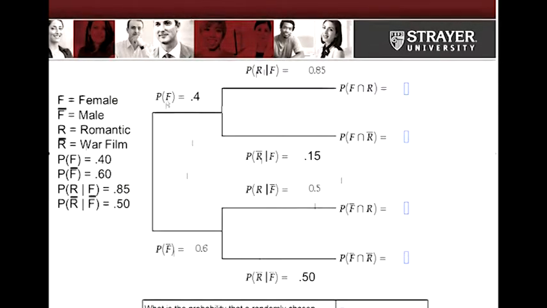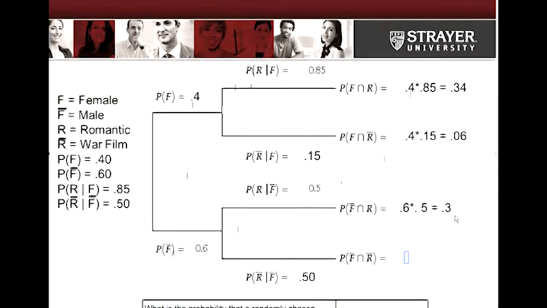F and R. Well, F times R given F. This was the rule for probability, the multiplication rule. So 0.4 times 0.85, well, that comes out to 0.34. For the next one, the probability of female times the probability of war given female. 0.4 times 0.15 is 0.06.